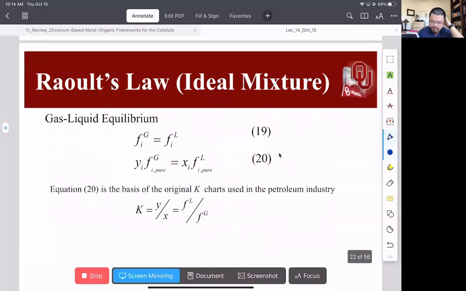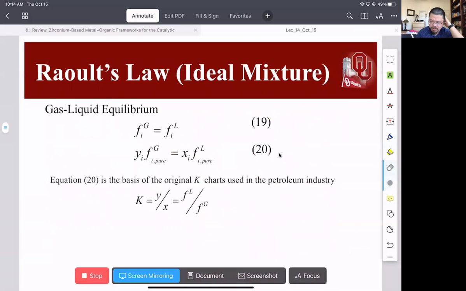The reason for talking about all those is I want to explain why in petroleum engineering we can use this capital K a lot in their calculation. If you think about the alkanes and aromatic interactions, they are quite similar in their intermolecular interaction.